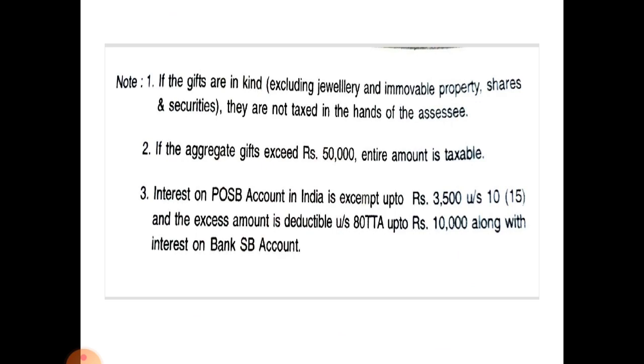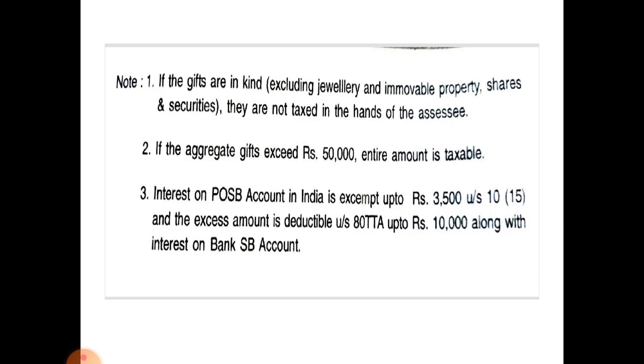And if the aggregate gifts exceed rupees 50,000, the entire amount is taxable. If the gifts do not exceed that limit of 50,000, no need to pay tax, that is exempted from tax.